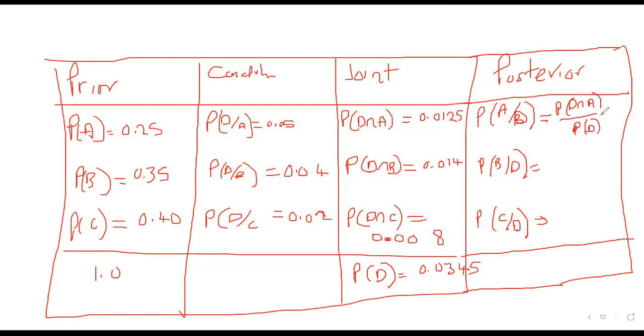Okay. So it is the reciprocal of this one. It's A given D. So it's A intersection D over the probability of D, which is down.